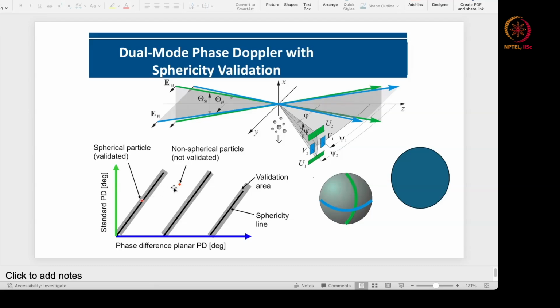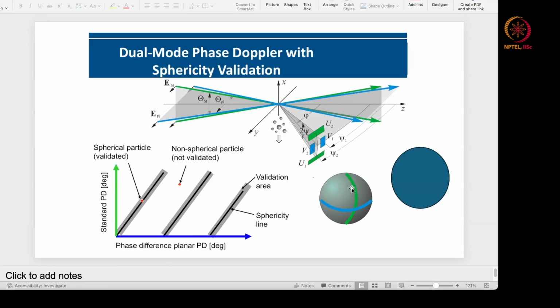But if it lies away from that threshold, you reject that particular measurement, because the sphericity validation is not satisfied. You have two different phase Doppler phase measurements coming from the two detector arrays, one in plane and one in elevation. So you have to reject when your meridional and your equatorial circumference measurements do not align.